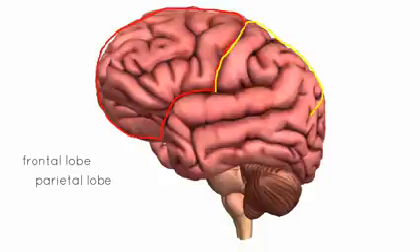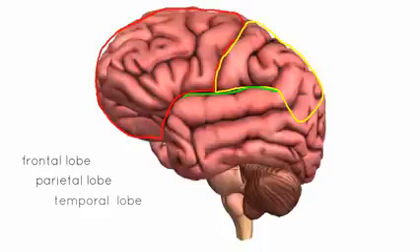I'm outlining this in yellow. And this is called the parietal lobe because it lies under the parietal bone. And inferior to the lateral sulcus, which I'm drawing on in green, we've got the temporal lobe. I'm just outlining the temporal lobe here, and it runs like that.